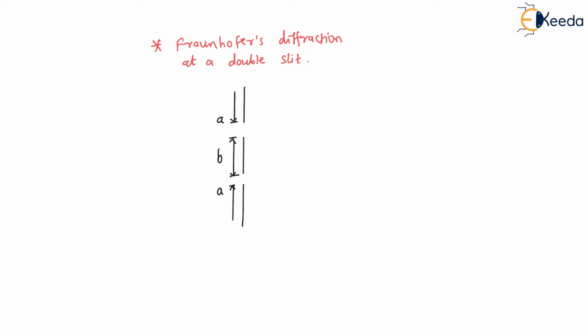Let's mark the midpoints of these slits as S1 and S2. This is the midpoint of the first slit, let it be S1, and this is the midpoint of the second slit, let it be S2. Now, as we all know, in Fraunhofer diffraction we place the light source at infinite distance, so whatever light is coming from that source will be parallel.